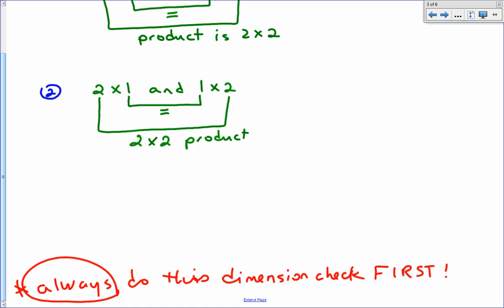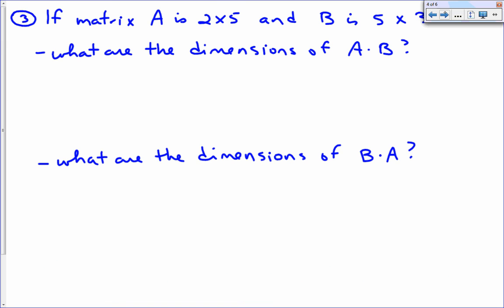Okay, so let's look at a couple of examples where we do that so that we can determine what happens. So here's a question. If matrix A is a 2 by 5 matrix and matrix B is a 5 by 3 matrix, what are the dimensions of A times B?